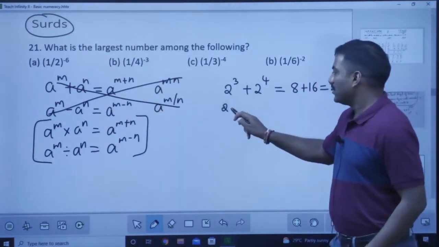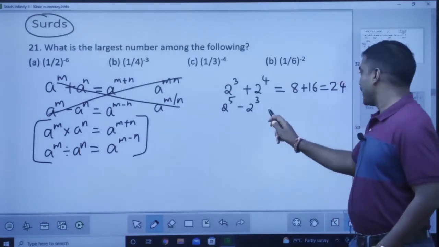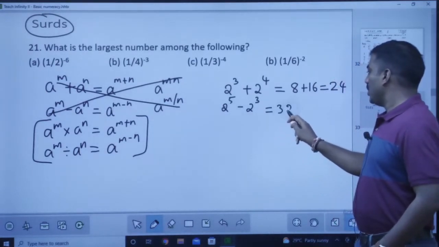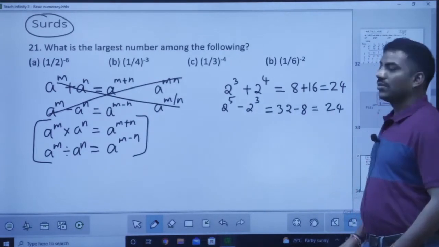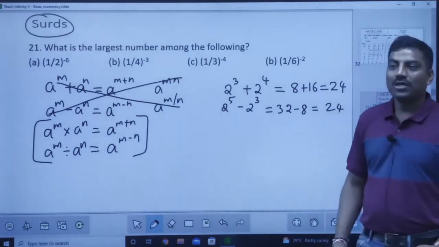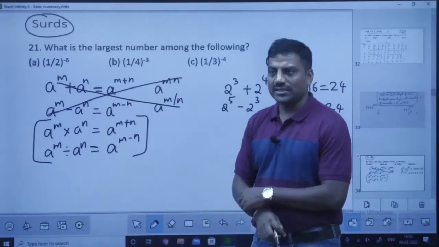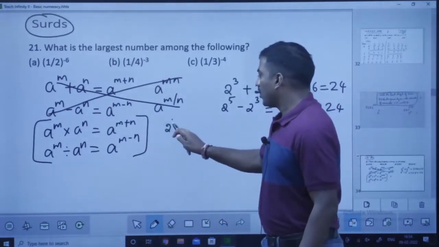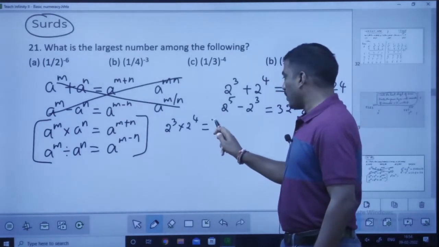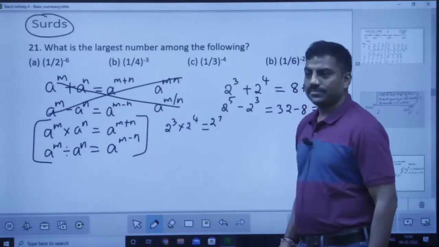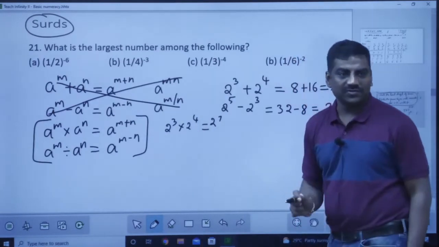You take the example 2 to the power of 5 minus 2 to the power of 3. 2 to the power of 5 is 32. 2 to the power of 3 is 8. Answer is 24. You cannot express it in terms of powers of 2. Just try to remember this. This is very much practical. 2 to the power of 3 into 2 to the power of 4 is equal to 2 to the power of 7, because 8 into 16 is 128, and 128 is 2 to the power of 7.